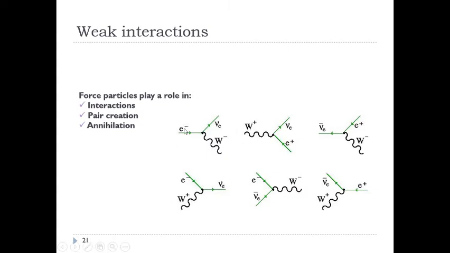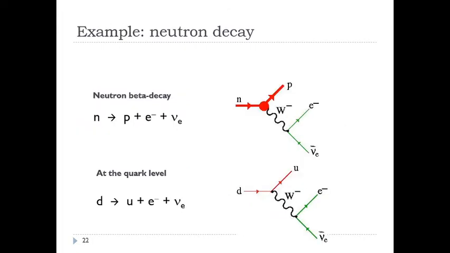For example, this one means an electron can decompose into an electron neutrino and a W minus boson, and so on. We've seen this already, neutron beta decay. So this is how it could be depicted in a Feynman diagram.